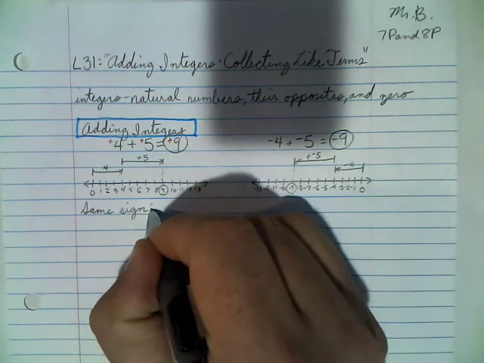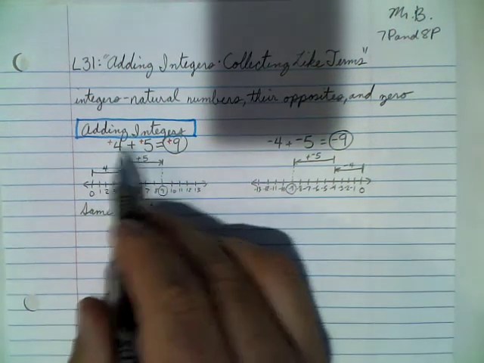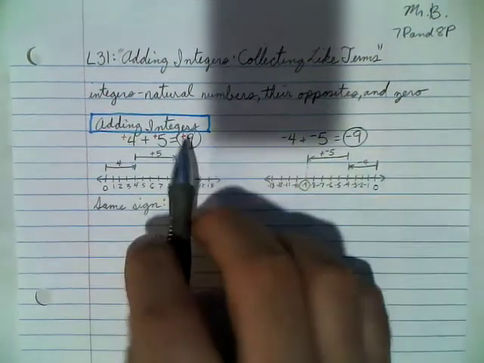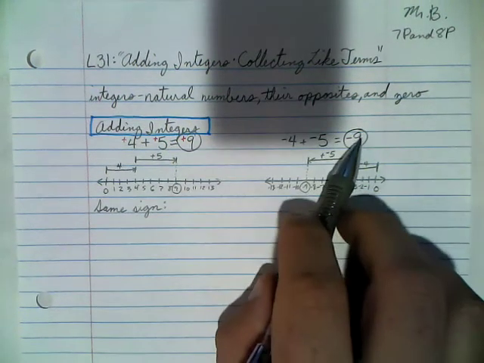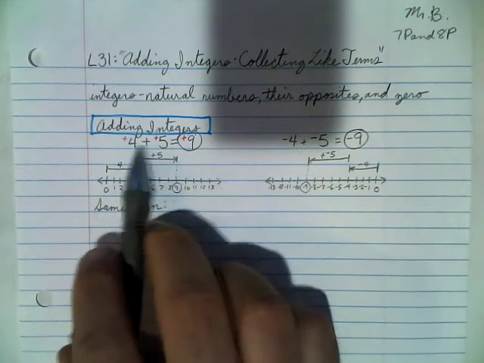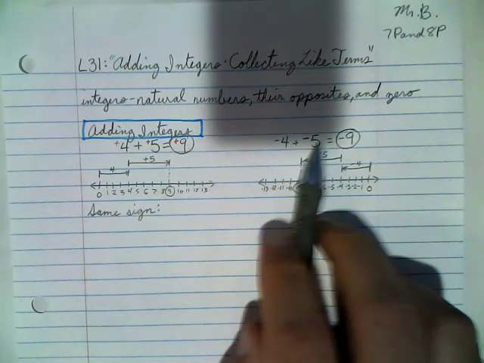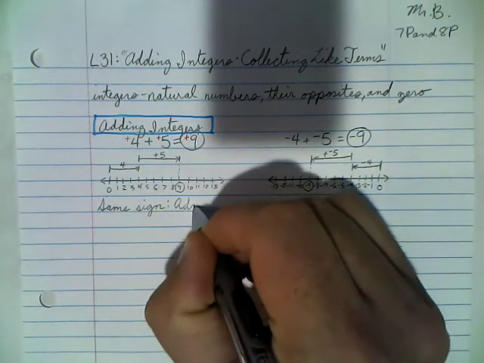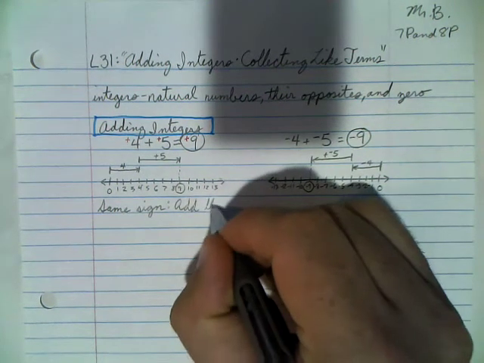And what we've hopefully just discovered is that if they have the same sign, so they're both positive or they're both negative, then to find the number of our answer, we are going to just truly add. So 4 plus 5 gives me 9. So if they have the same sign, add the numbers.